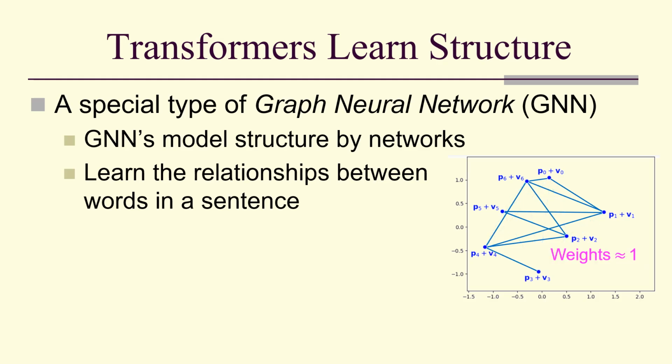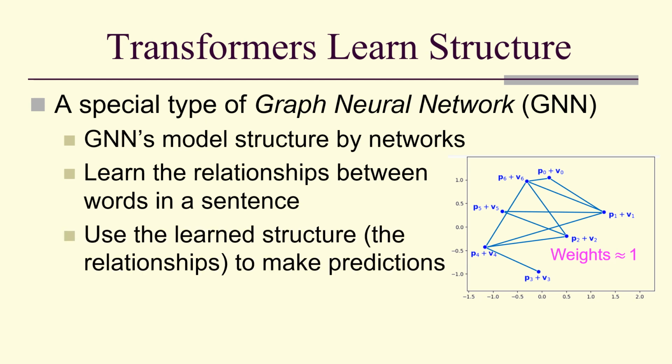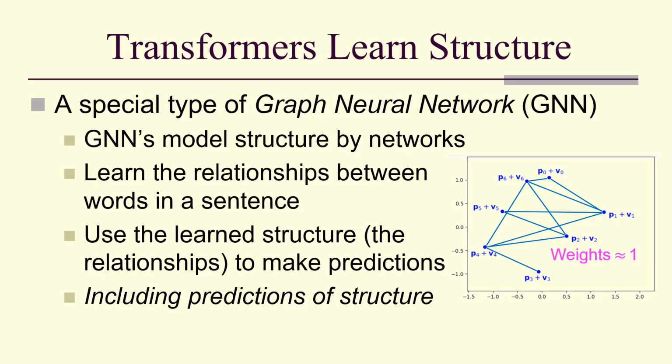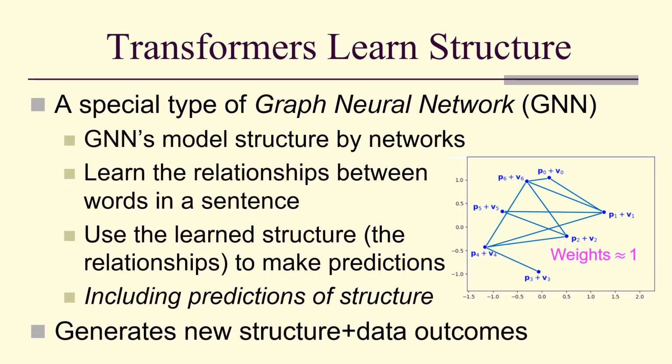And we do that by essentially eliminating irrelevant edges and working only with the relevant edges and therefore the learned structure. Then we can use that structure, those relationships, to make predictions, including predictions of structure itself. And that means that the transformers are a generative model, but they don't just generate new data, they also generate new structure.